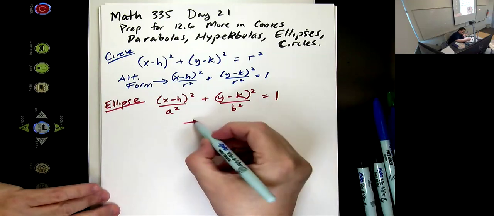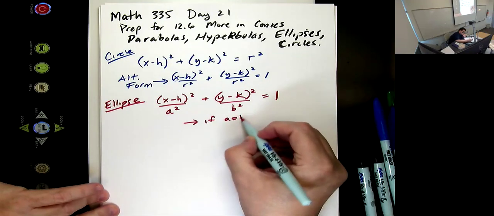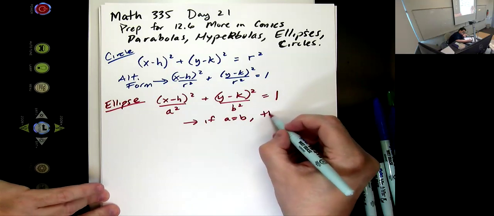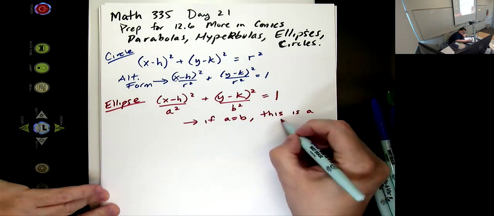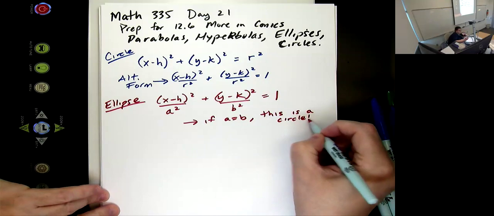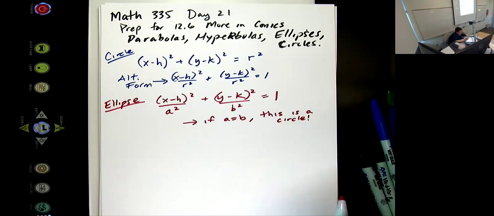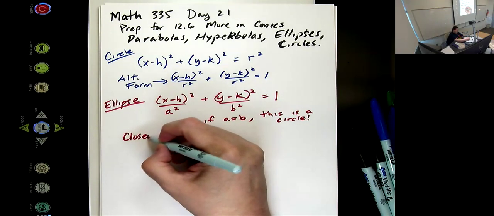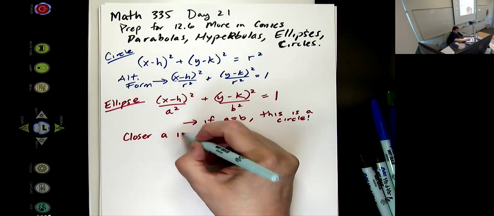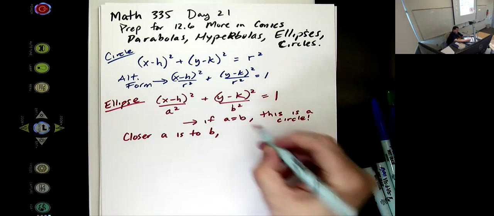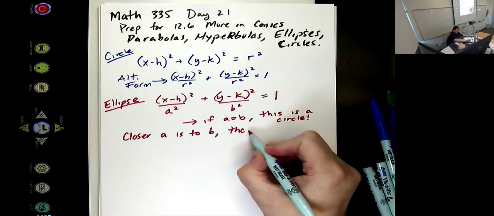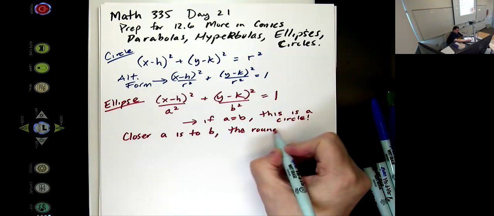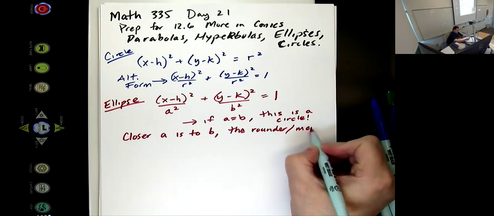So if a equals b, this is a circle. And the closer a is to b, the rounder it is, the more circle-like it is.